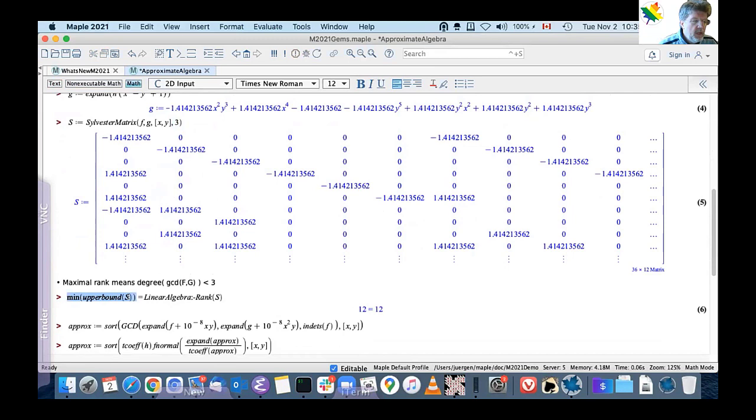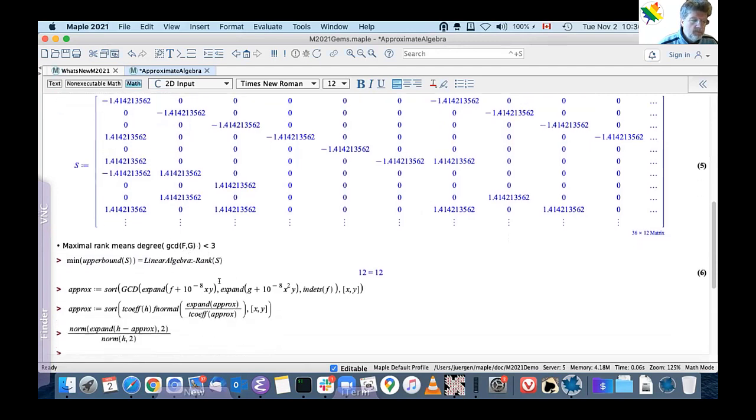So on the left-hand side, we see the number of columns, which is 12. And on the right-hand side, we see the rank of this matrix. So this matrix has full rank. And since we computed the Sylvester matrix of order 3 here, this means that the greatest common divisor has degree less than 3.